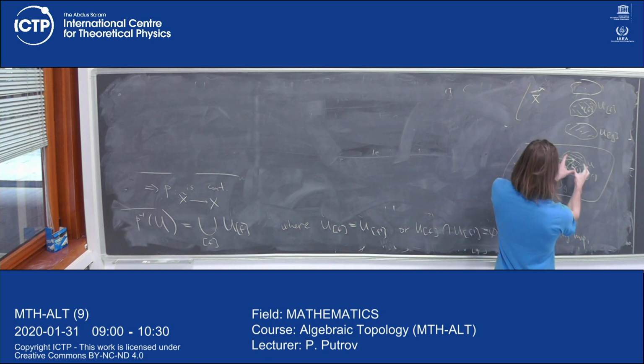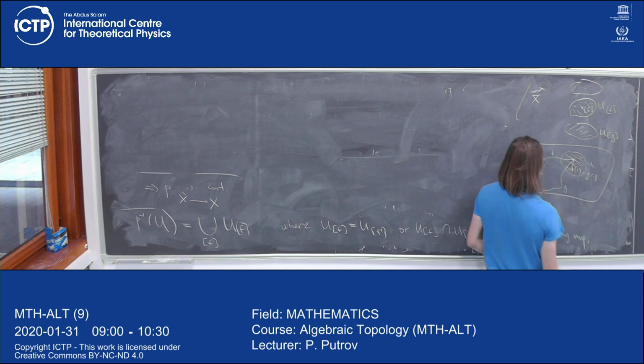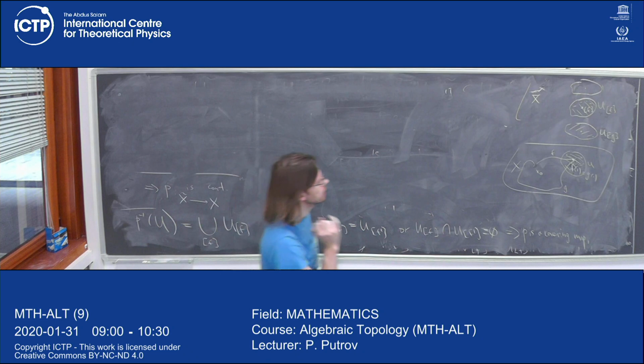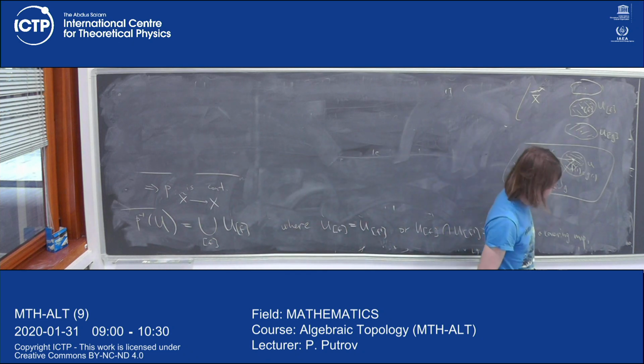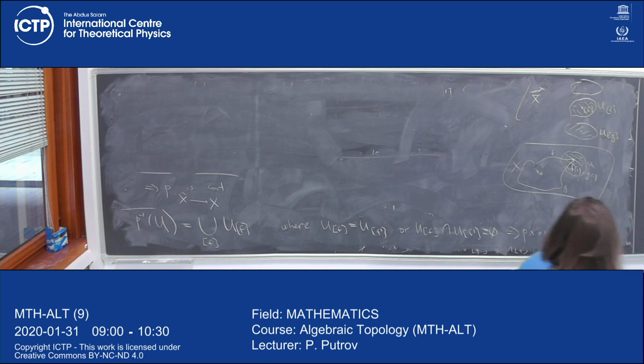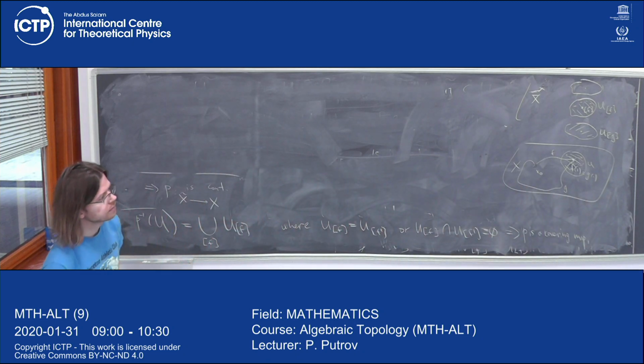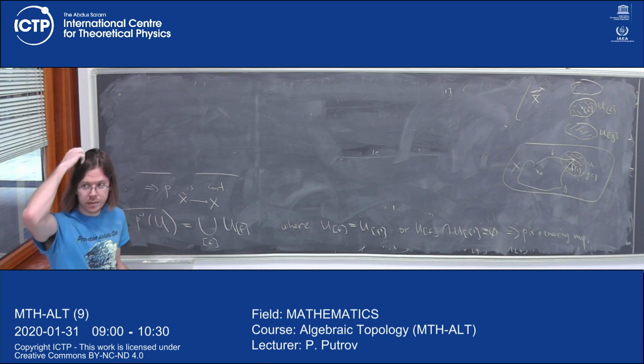We use the fact that U can be chosen to be path connected, and because of local path connectedness, there is no contradiction in defining this. Questions?